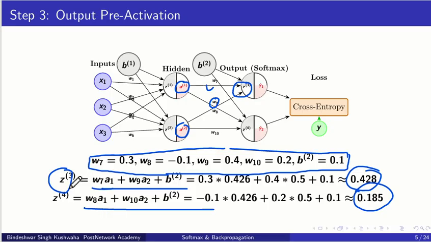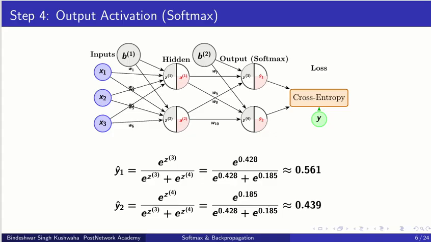So these are the raw scores Z3 and Z4. Now we'll use softmax, and what does the softmax activation function do? It converts raw scores into a probability vector.